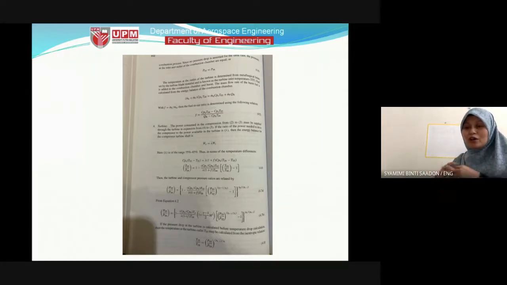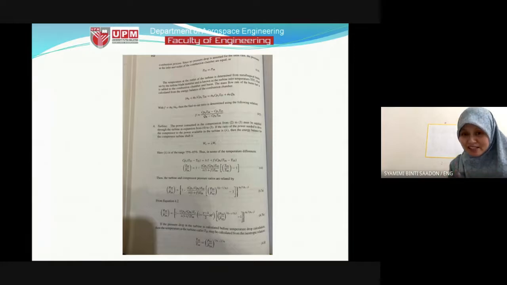in the real case, not all the power produced by the turbine can be used by the compressor, because the compressor needs power to run. There is always loss of heat, loss of energy.